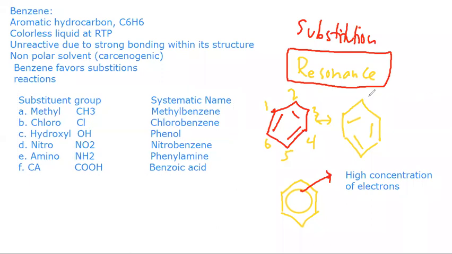Since you have a double bond and a single bond here, please note that the length of a double bond is shorter than the bond length of a single bond.